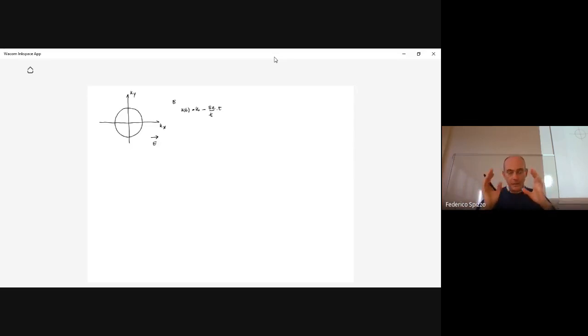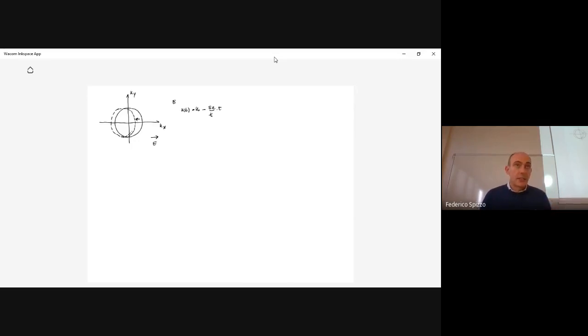So the levels translate to the left. Now I exaggerate this drawing. So the final configuration of the occupied levels is this one here. So I have a translation to the left.